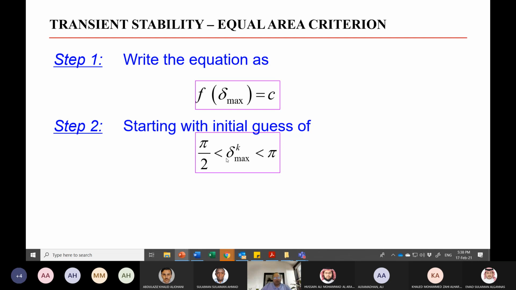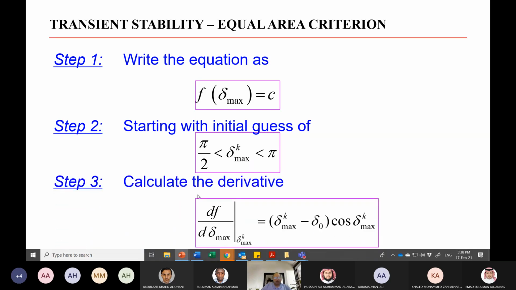Of course, we expect delta max to be between pi over 2 and pi. You can start with any value, say 130 degrees, which you can convert to radians, and then calculate the derivative at the initial value.